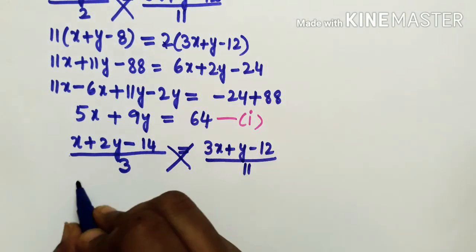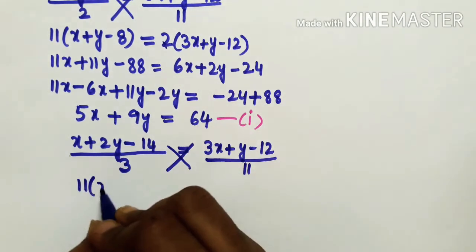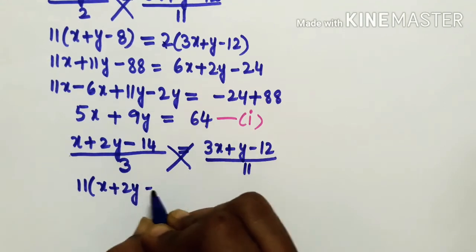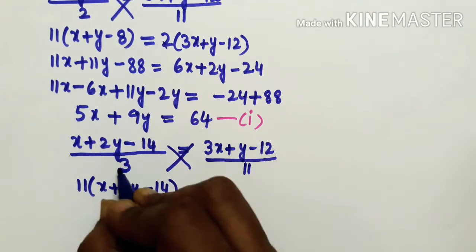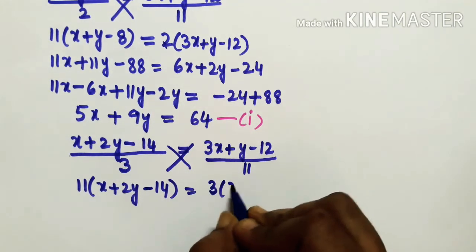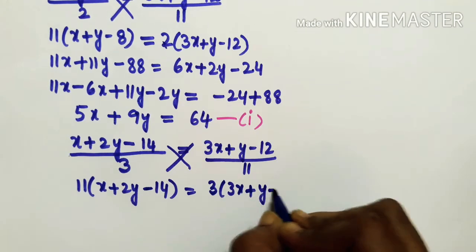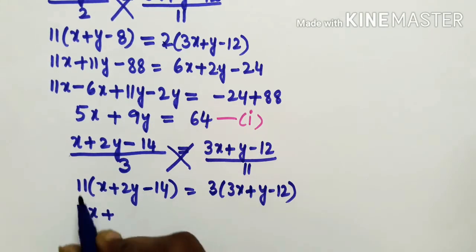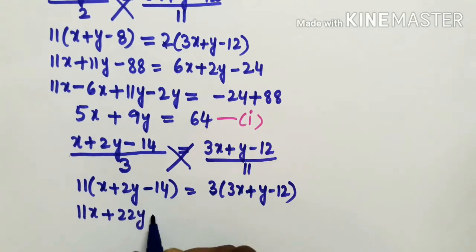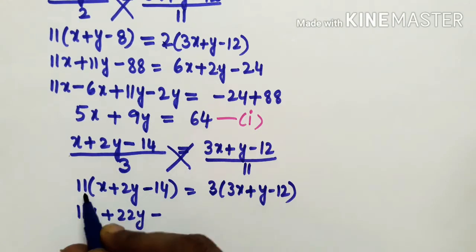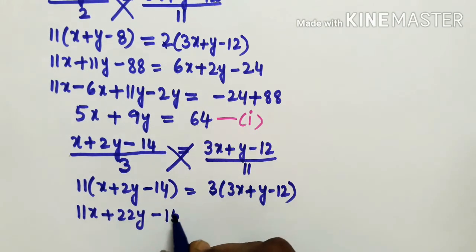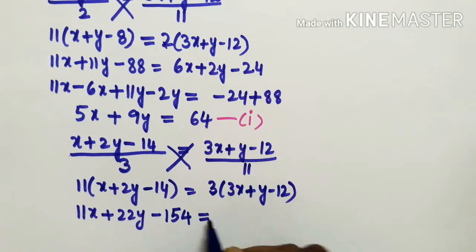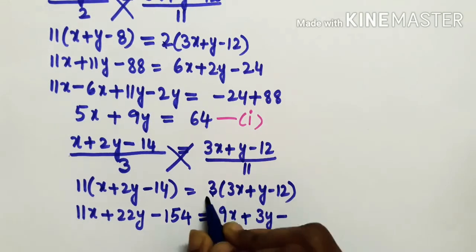Now 11 into this whole expression, (x plus 2y minus 14), equals 3 into this expression, (3x plus y minus 12). Now let us multiply: 11x, plus 11 2s are 22y, minus 11 14s are 154, equals 3 3s are 9x plus 3y minus 3 12s are 36.